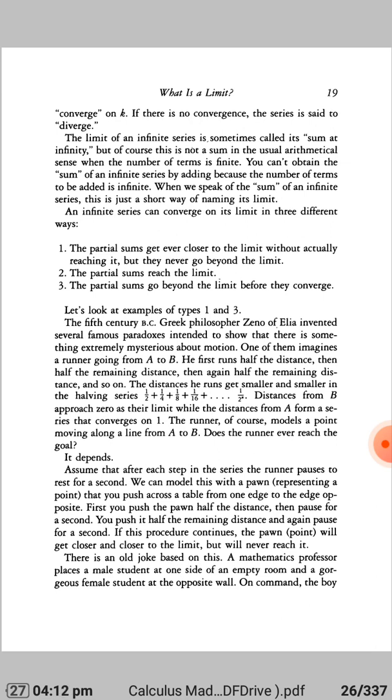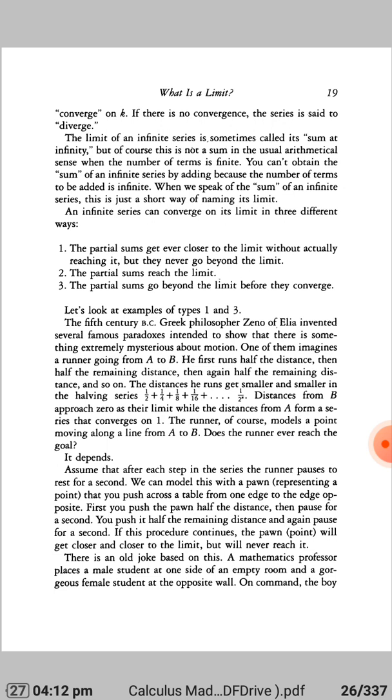In the 5th century BC, the Greek philosopher Zeno of Elea invented several famous paradoxes intended to show that there is something extremely mysterious about motion. In one of them, imagine a runner going from A to B. He first runs half the distance, then half the remaining distance, then again half the remaining distance, and so on.